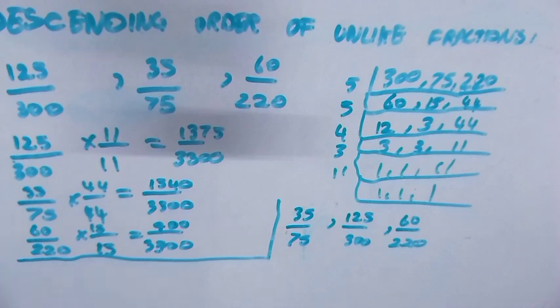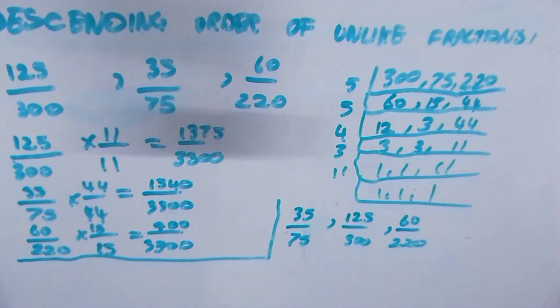So next fraction is 35 by 75, which we multiply by 44 both numerator and denominator to get 1540 by 3300. Next we have the fraction 60 by 220, which is multiplied by 15 both the numerator and denominator, which we get 900 by 3300.